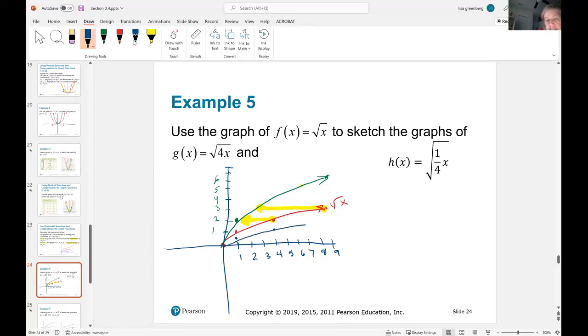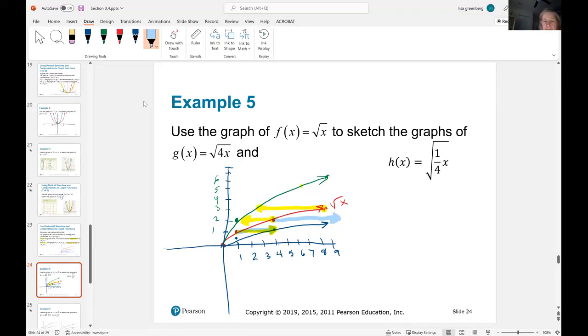So this one looks like it's compressing vertically, but it's actually stretching horizontally, because the point that was at 1 is actually now here. Let me get a different color. So this point here is moving that way because it's stretching out. It's like, imagine pulling an accordion, it's pulling that point out, okay? And this point right here is actually somewhere over here.